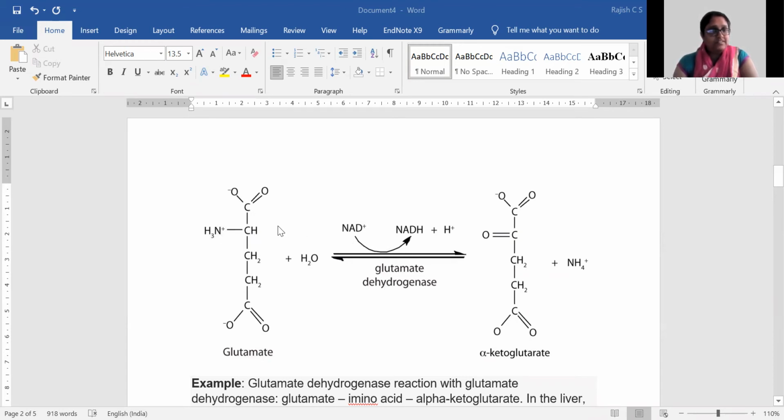Then water will be added, and water will make this into a double bond O and remove the ammonia, so NH4+ will be removed. That is what happens in the reaction of glutamate dehydrogenase. That enzyme is very important, so we will also be looking at its mechanism of action.